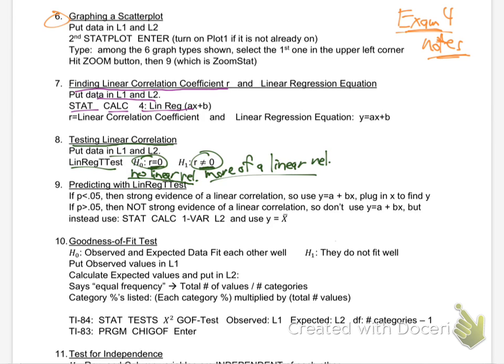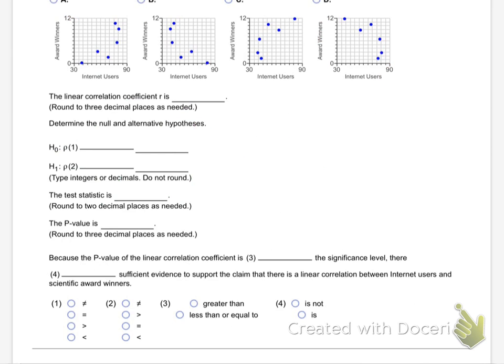That's what we're testing. It's how we always test. Remember, the null hypothesis is what you assume, like a court of law. Assume innocent, assume R equals 0, no linear relationship or correlation. We assume that the two variables have no linear relationship. And then we see what the evidence says.